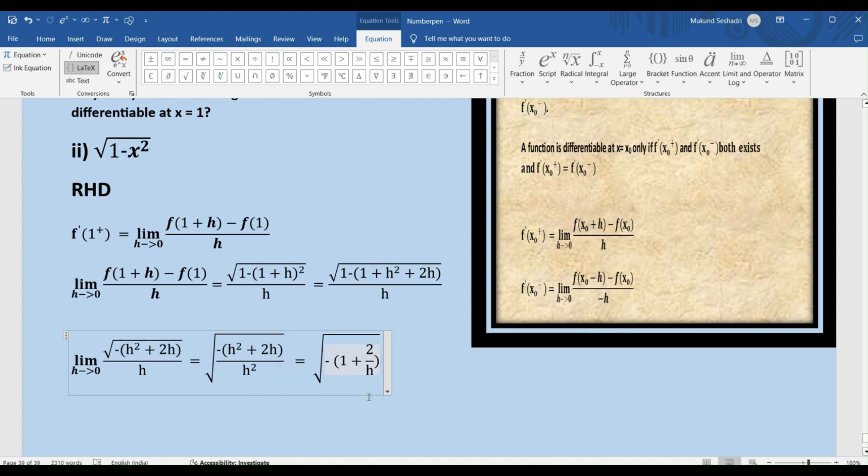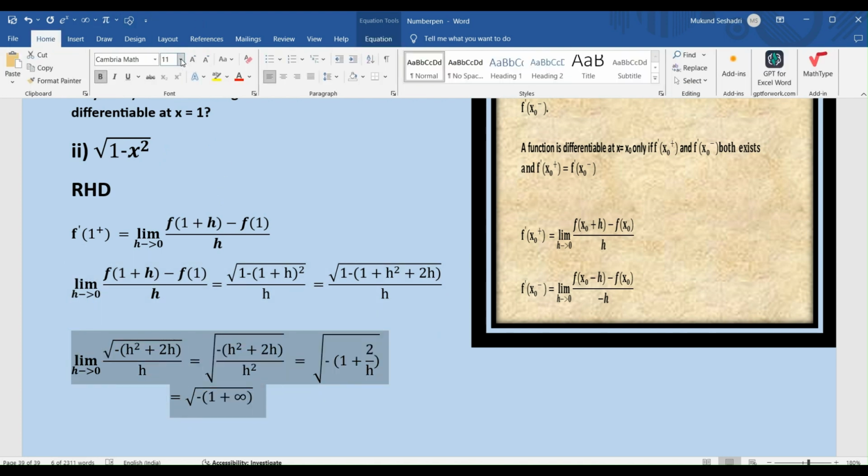When I do a substitution of h equals 0, what do I get? It looks like I'm getting a weird number, right? And what is that weird number? I end up getting a square root of minus of 1 plus infinity, right? And what is that? That is non existent, right? Why is it non existent?